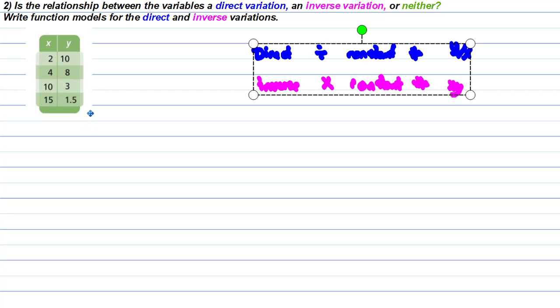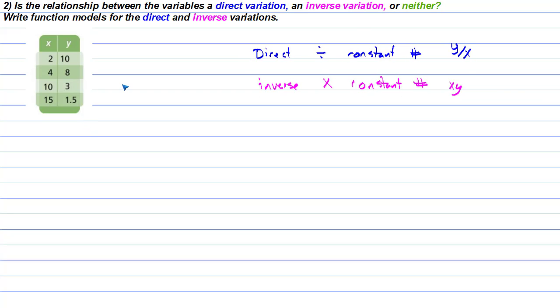Again, when it's direct, we divide and it comes up with a constant number. When it's inverse, we multiply and it comes up with a constant number. So let's look at this set. I'm going to first test out inverse. So we multiply: 2 times 10 is 20. 4 times 8 is 32. So that did not work, so we know it's not inverse.